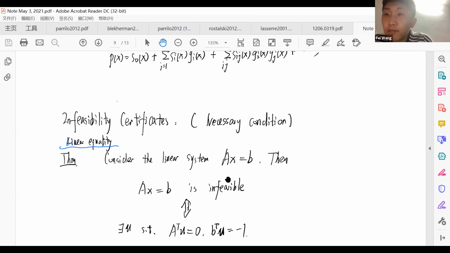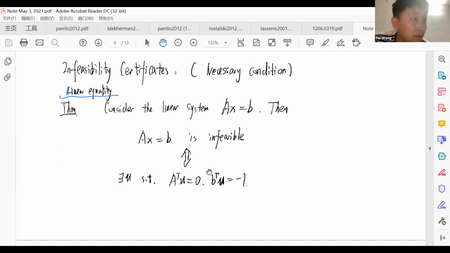The necessary condition for a polynomial being non-negative is a feasibility problem, so to disprove the claim, we have to do this infeasibility certificate. That's why this necessary condition is called the infeasibility certificates.